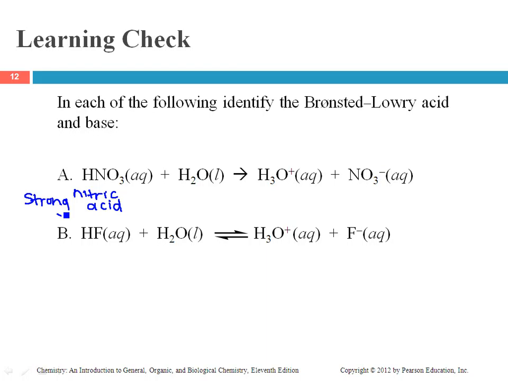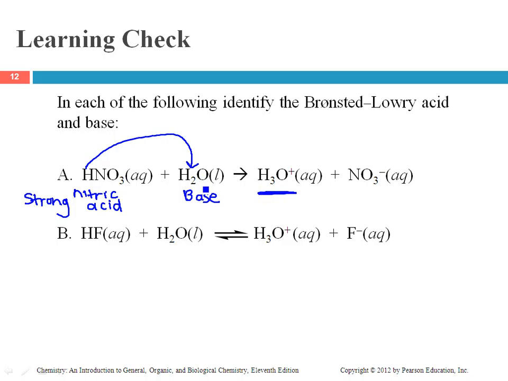So in water, we know that an acid is going to donate a proton to the base. So water must be the base because nitric acid is our acid. It's going to donate a hydrogen to our water, and that's going to produce H3O+.